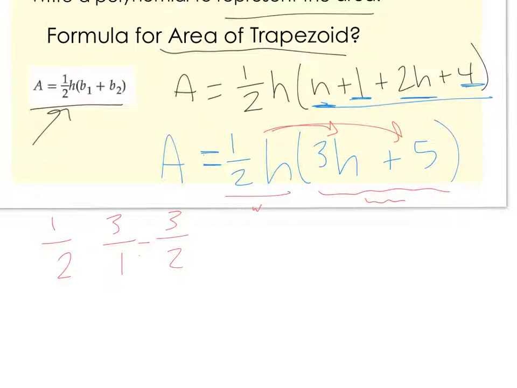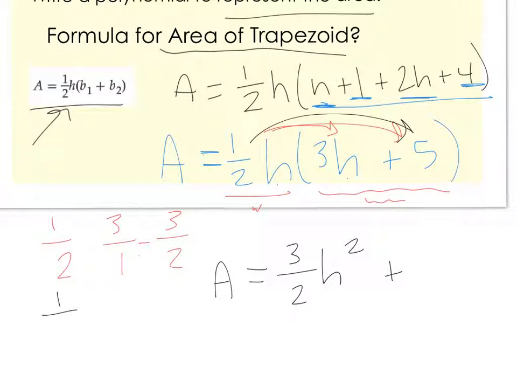And they now combine the h's. So area equals 3/2 h squared, because h and h give me h squared. Now I take 1/2 h times 5, so 1/2 times 5 over 1 equals 5/2. And I add on the h, so plus 5/2 h.